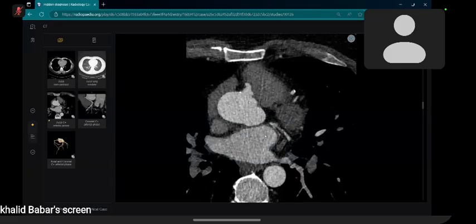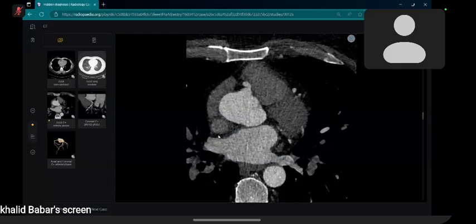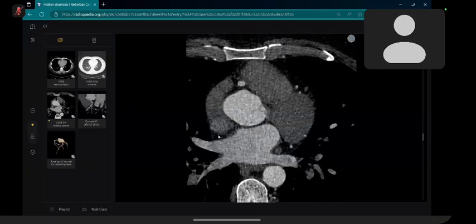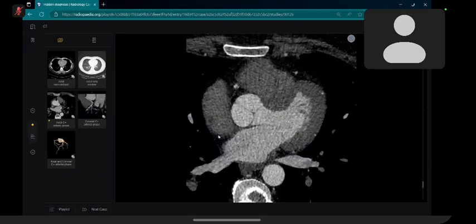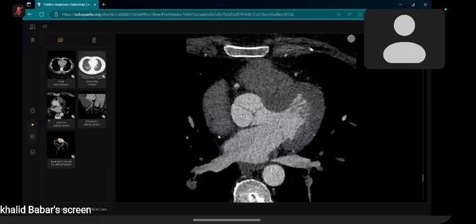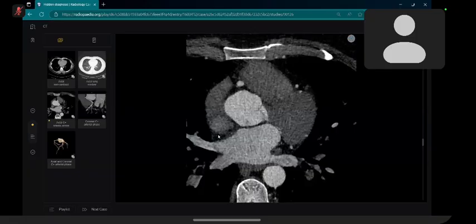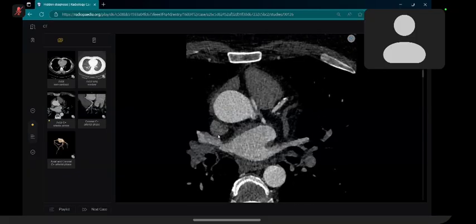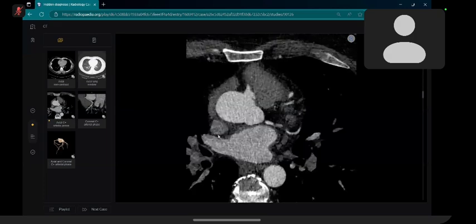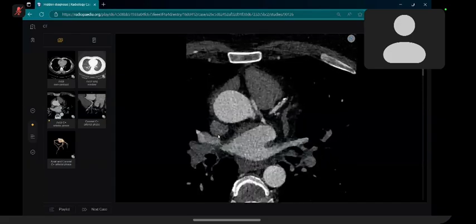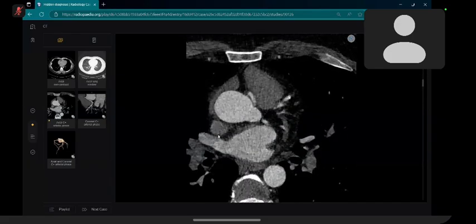And then, as I trace the right coronary artery, it is going into the atrioventricular groove, and then I'll trace the left coronary artery as well. After having the common origin from the anterior cusp along with the right coronary artery, it is coursing posteriorly, and then it is dividing into the circumflex and left anterior descending arteries.